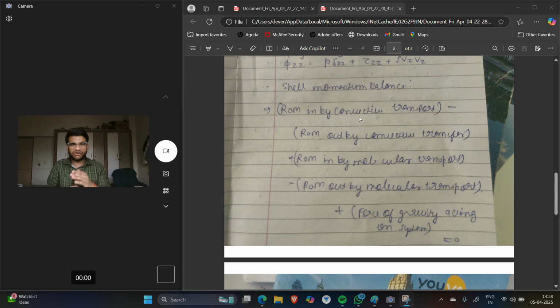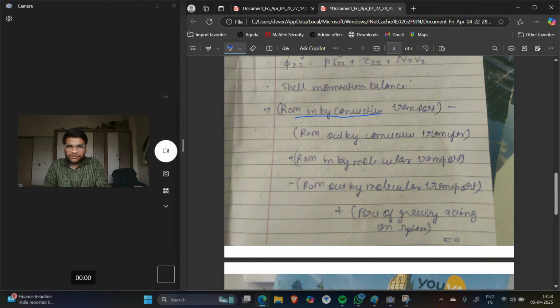Here it is written: rate of momentum in by convective transport minus rate of momentum out by convective transport, plus rate of momentum in by molecular transport minus rate of momentum out by molecular transport, plus force of gravity acting on the system, equals zero.